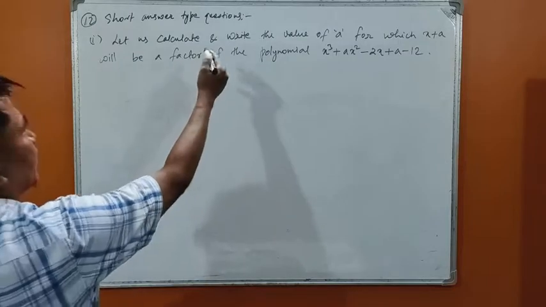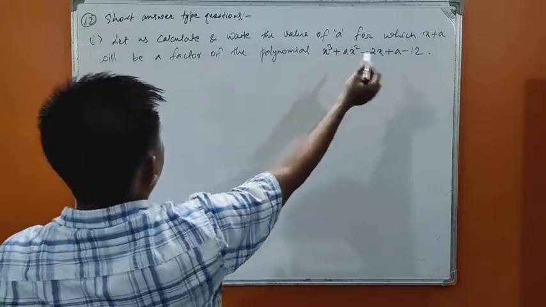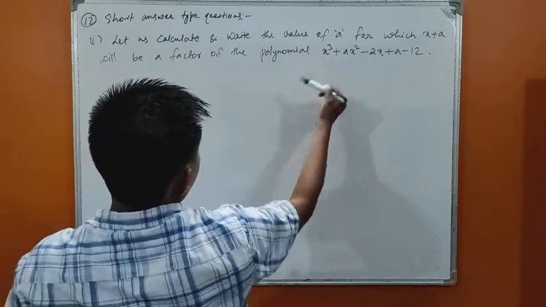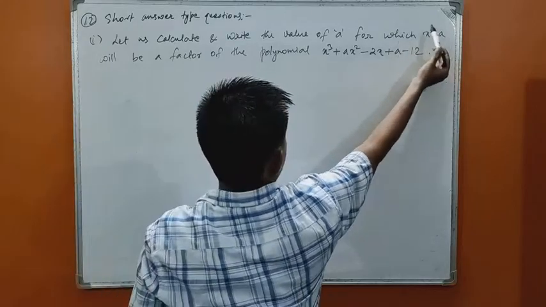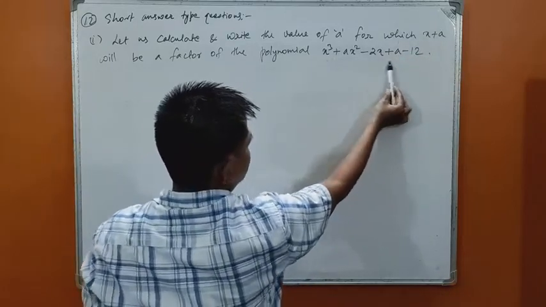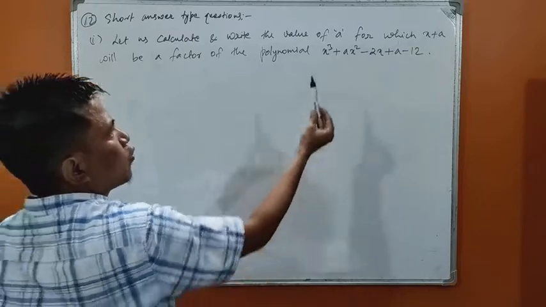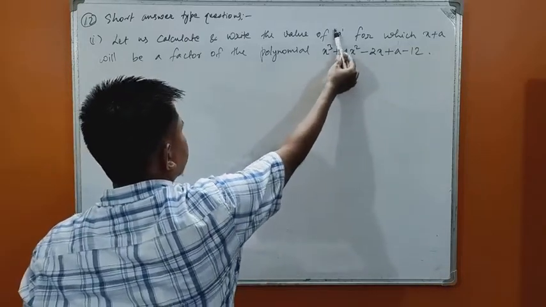Let us calculate and write the value of a for which x plus a will be a factor of the polynomial. x plus a should be the factor of this expression for what value of a? We are asked to find the value of a.